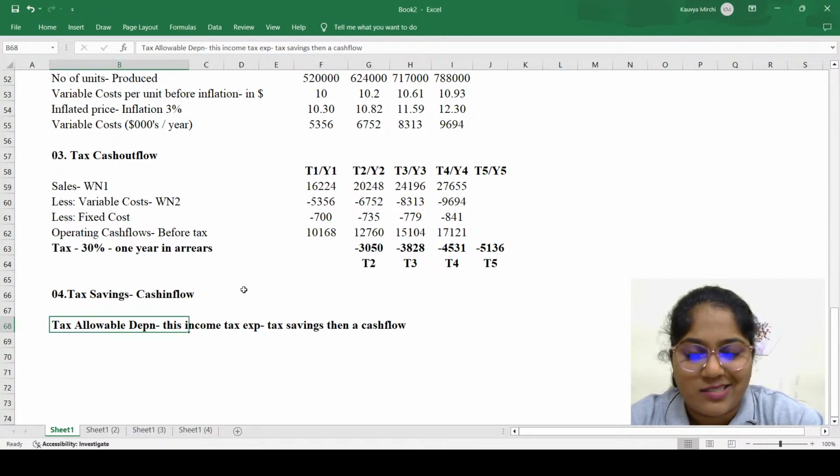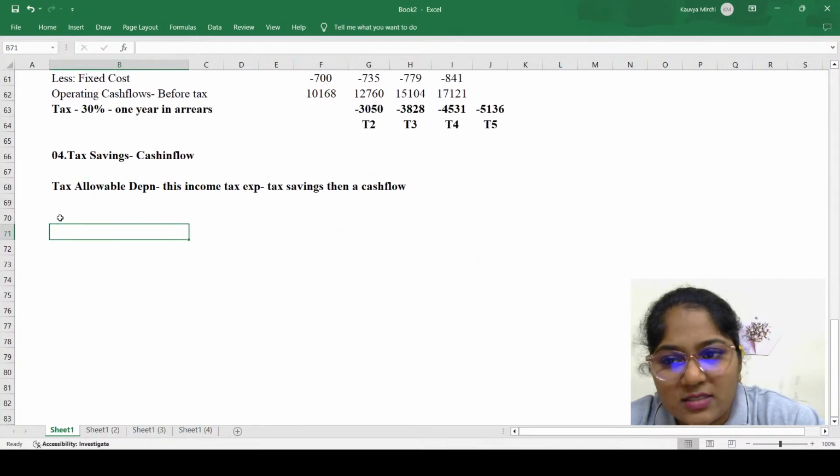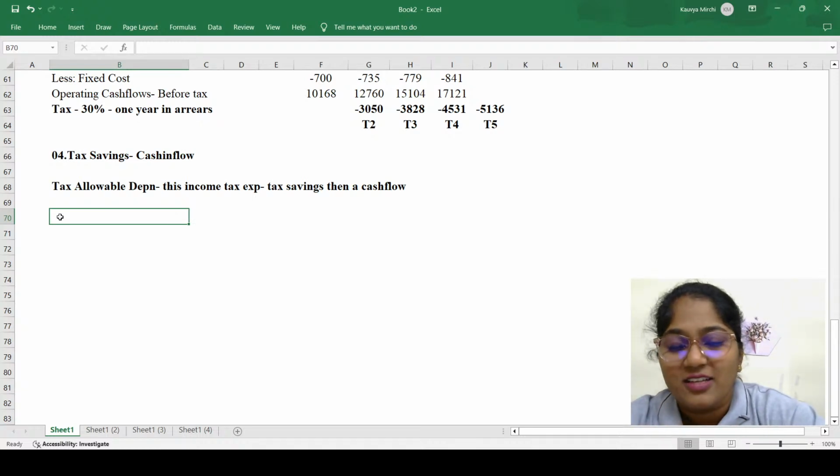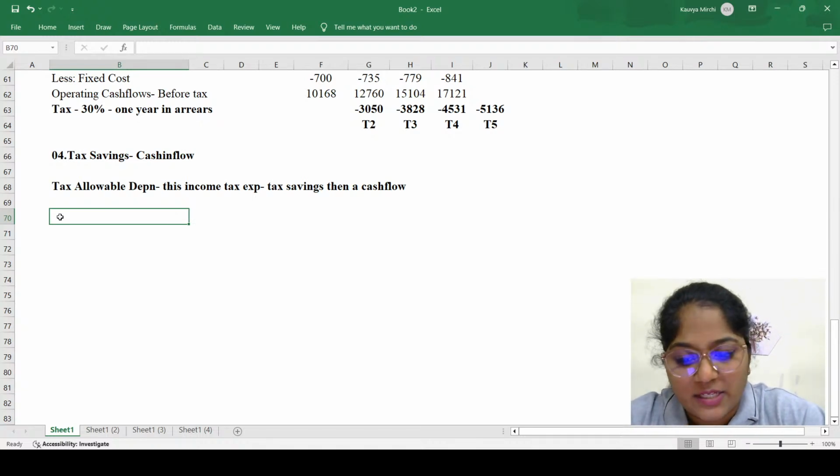Now, how do we find out tax allowable depreciation? Very simple, guys. It's not the financial reporting depreciation that we follow.